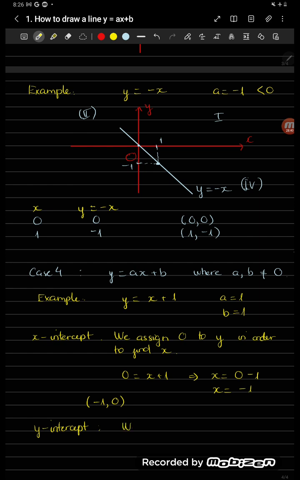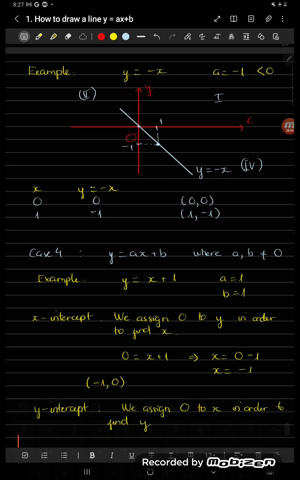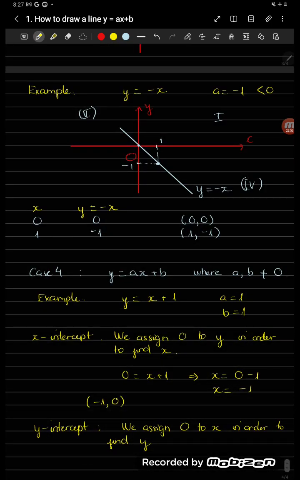So for the y-intercept, we assign 0 to x in order to find y. From the equation above, if we assign 0 to x, then we have y equal to 0 plus 1, which equals 1.